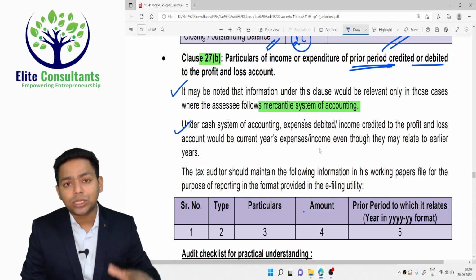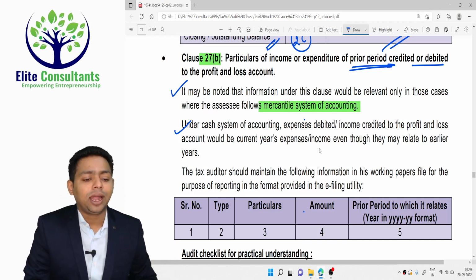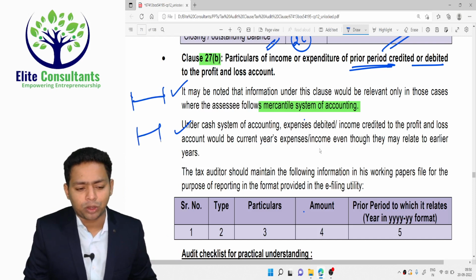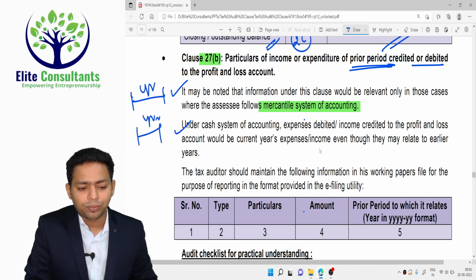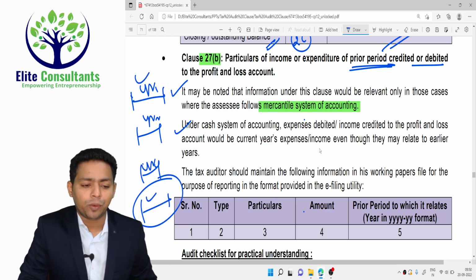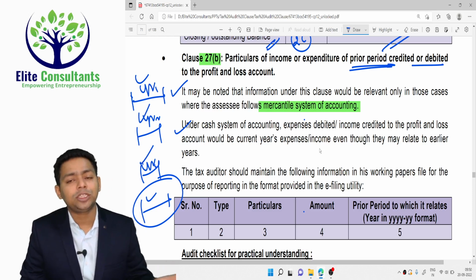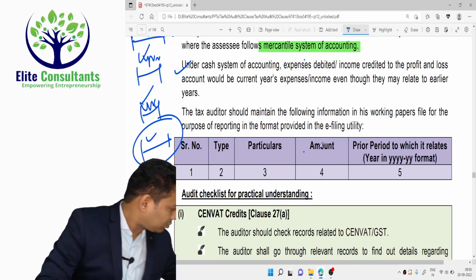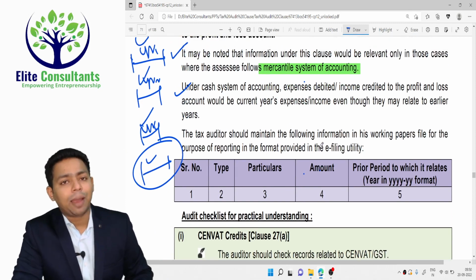Sometimes those types of expenditure come, and that time you must do the reporting. Only reporting is required that these expenses belong to year 1, year 2, year 3, and we are paying in year 4. So here you are reporting how much of that particular expense belongs to the previous years.